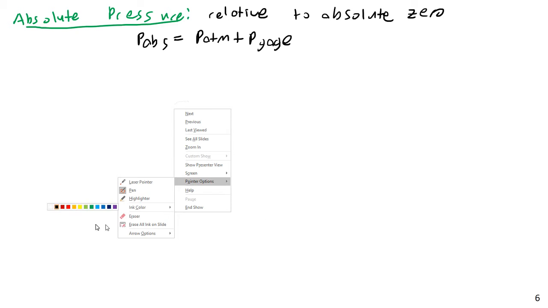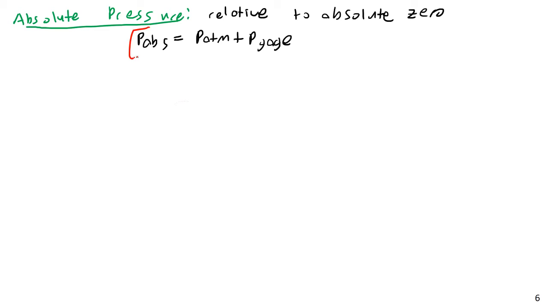And let's review how this will work with a column of fluid. So P absolute equals P atmospheric plus P gauge.